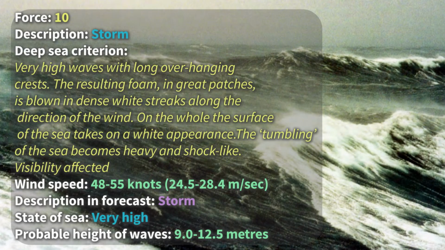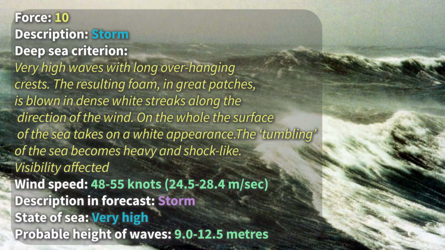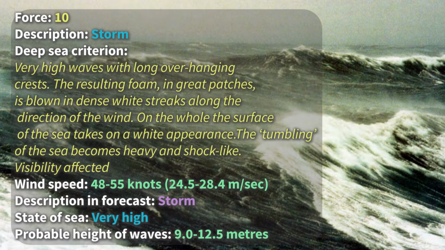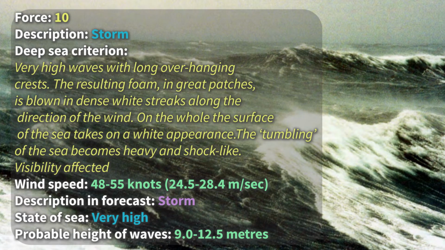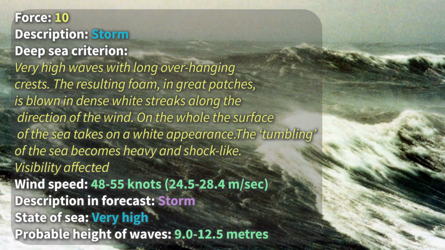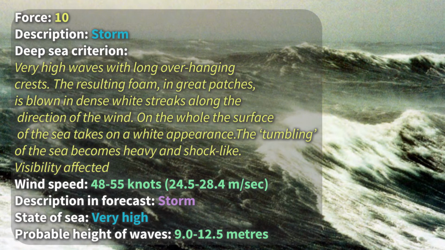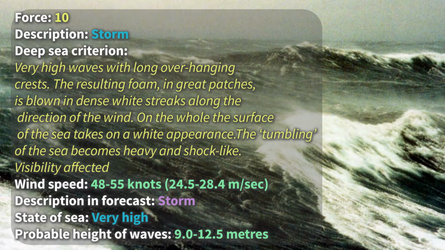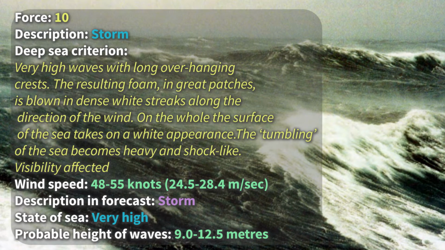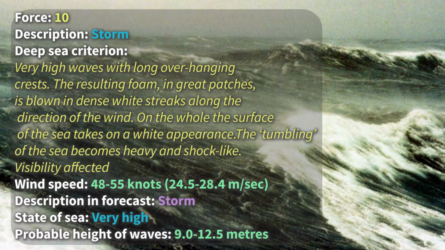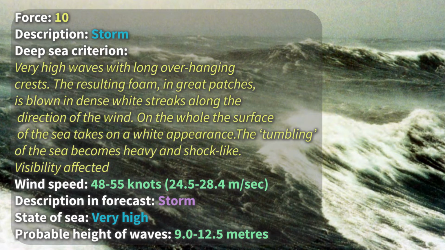Force 10. Description: storm. Deep sea criterion: very high waves with long overhanging crests. The resulting foam, in great patches, is blown in dense white streaks along the direction of the wind. On the whole, the surface of the sea takes on a white appearance. The tumbling of the sea becomes heavy and shock-like.